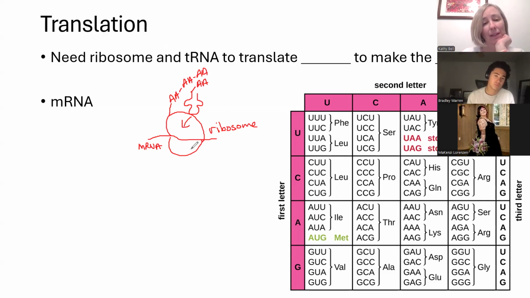So this will come in and bring in our next amino acid. So this is our transfer. That's all it is.